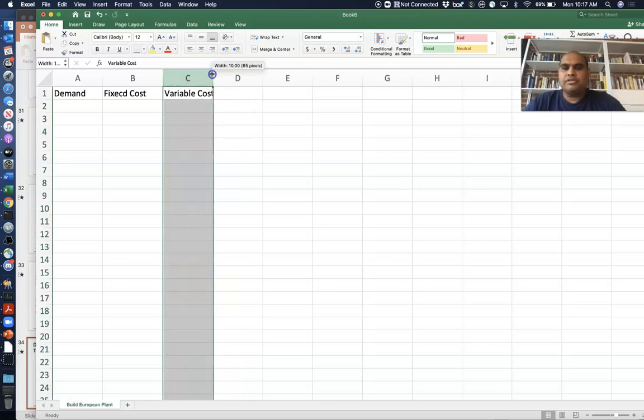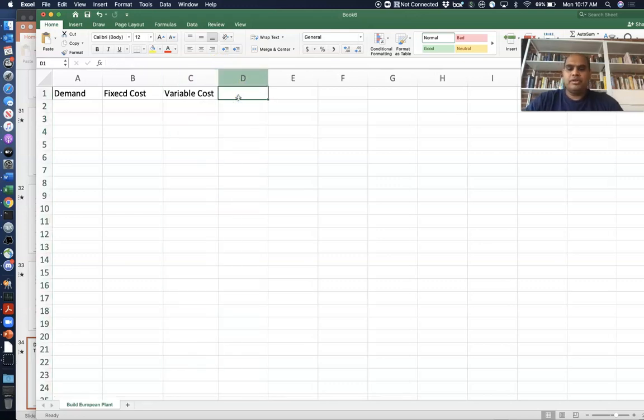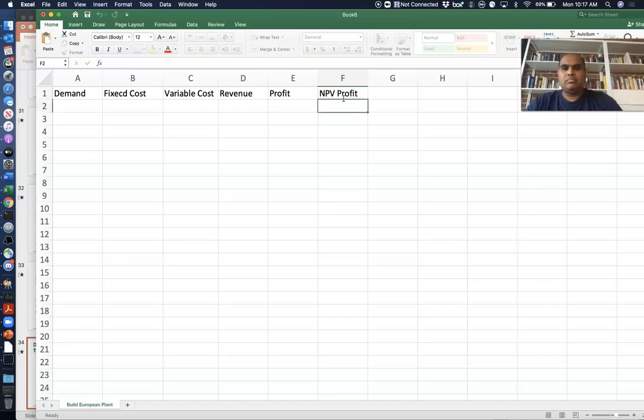We have to calculate the fixed cost, the variable cost, revenue, and profit, and finally the net present value of profit. Okay, so we start with period 0.